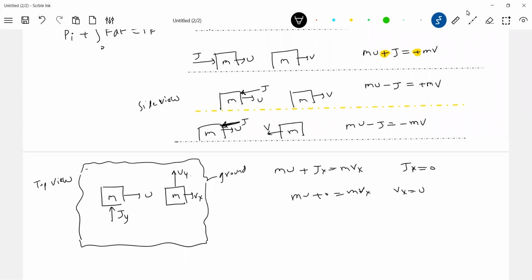Then along y-axis, initial momentum along y-axis, impulse will act, and mvy. Initial velocity along y-axis 0, and jy is non-zero. So therefore, this will be m0 plus jy equal to mvy. Okay, like this, what happened? We are getting the required answers.